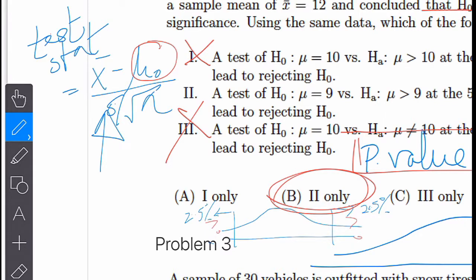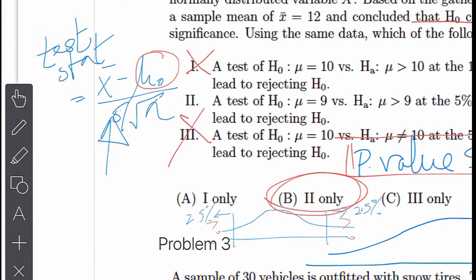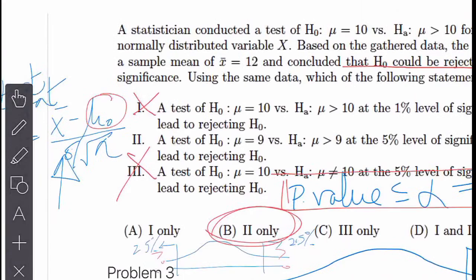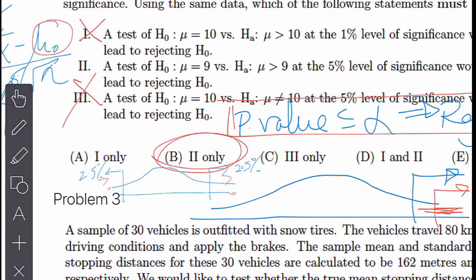If it's already an outlier at 5%, and you make it even further out by changing the hypothesized value, if the hypothesized value goes down, you're going deeper into the rejection region, and so the test will be significant. You will reject the null hypothesis. So the answer is B.